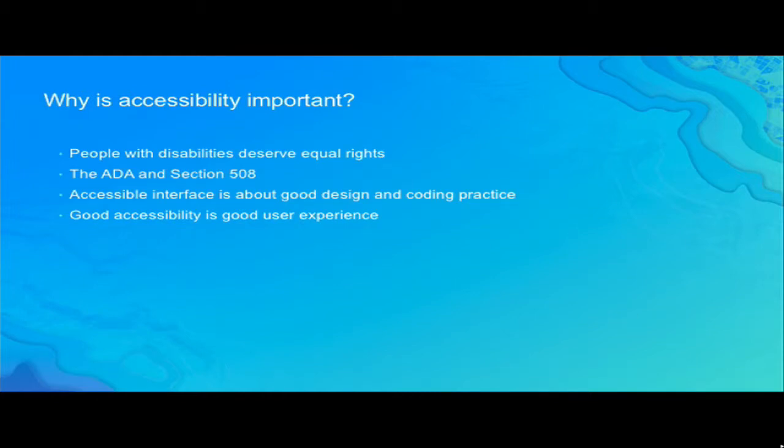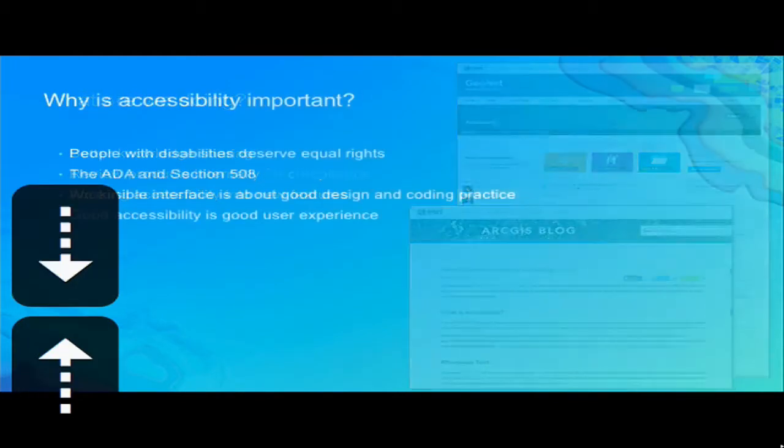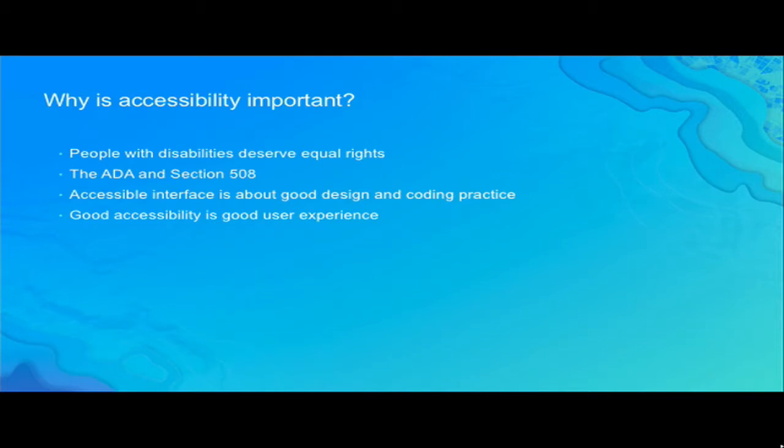You have to use a mouse. So really, all those issues, not only will people with disabilities find them challenging, but it affects everyone. So if you fix those issues, it just makes your website user experience better. So good accessibility is about good user experience.